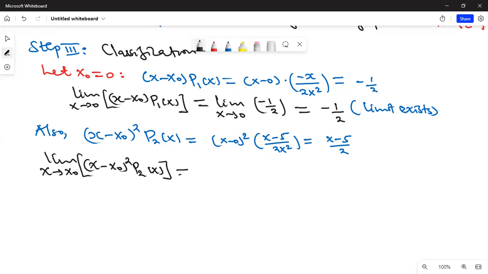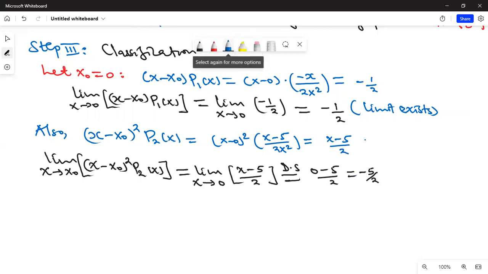It is the same as limit as x approaches 0 of x minus 5 over 2. And so direct substitution will give us 0 minus 5 over 2. And so that's negative 5 over 2. Again, that's a real number. So again, you say the limit exists.